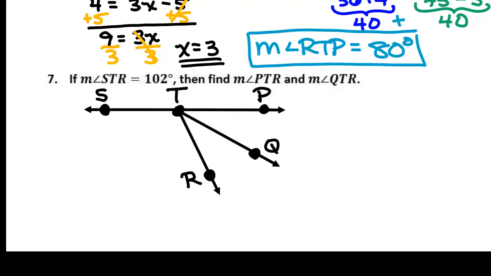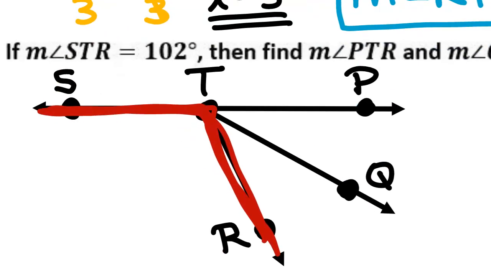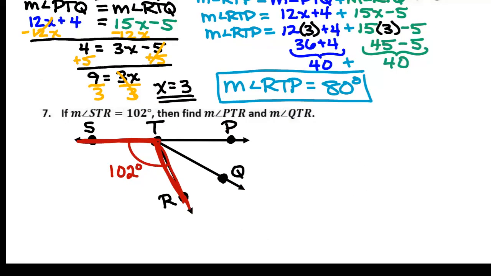It says that angle STR, this angle right here, is 102 degrees. We want to find the measurement of angle PTR first. That would be this angle. What is the name for the red and the blue angles there on the picture? What is the special angle pair name for that angle pair?